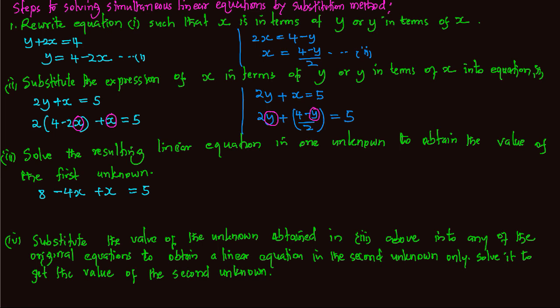We collect the like terms. Negative 3x will be equal to positive 5 minus 8, which is negative 3. So x is equal to 1.